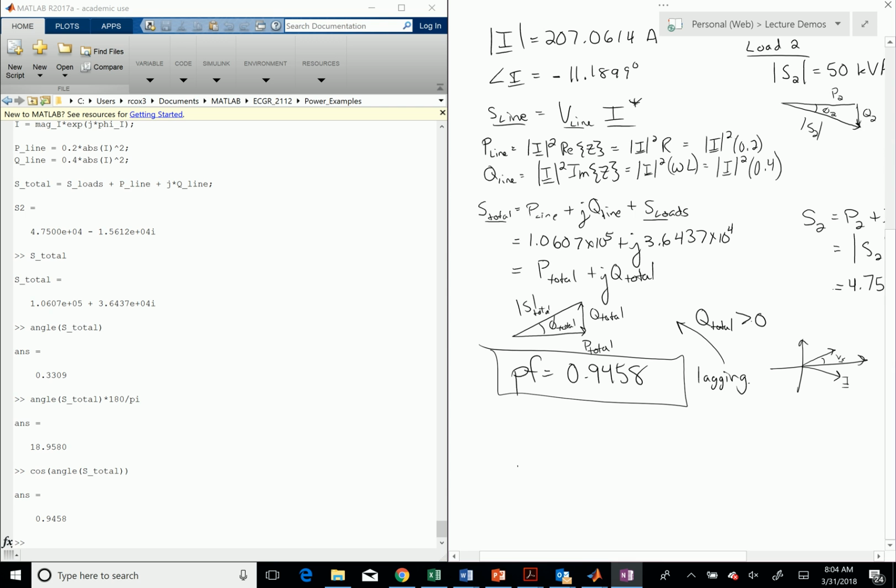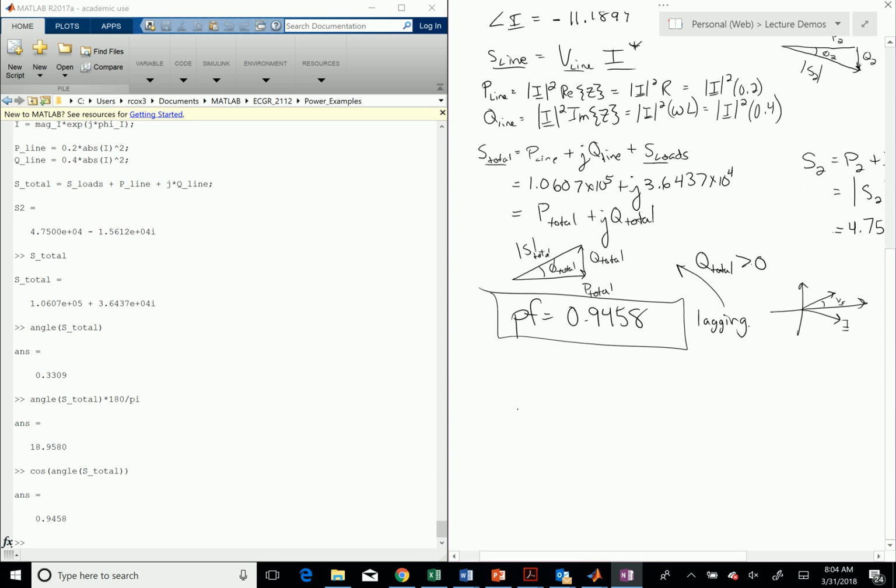Let's see if that becomes the case. All right. Now, how do I get the voltage information? Well, I know S total equals Vs times I conjugate. So break this up again, right?